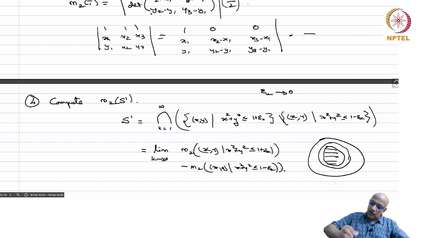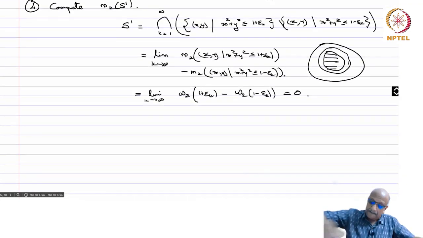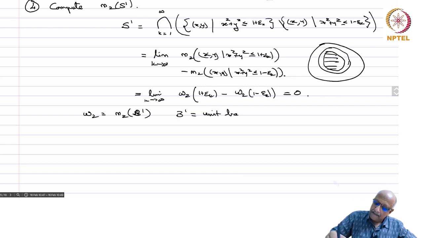Now you can show that this is equal to the limit as k tends to infinity of omega 2 into (1 plus epsilon k) square minus omega 2 into (1 minus epsilon k) square, and that is of course 0, where omega 2 equals M2 of B1, where B1 equals the unit ball, and we know of course that this is equal to pi.